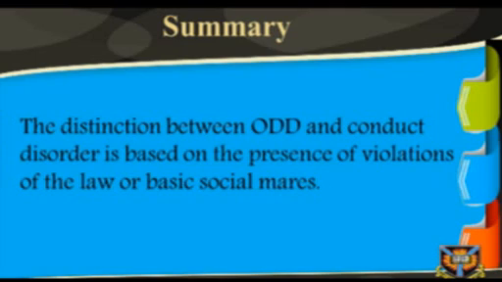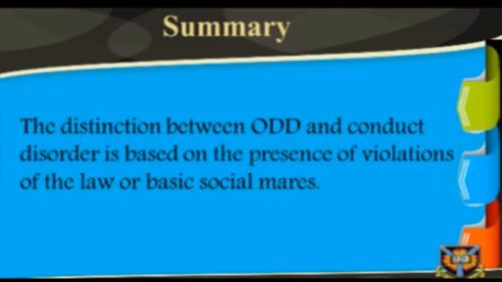The 3 subtypes of attention deficit hyperactivity disorder are: 1. Attention deficit hyperactivity disorder, combined type. 2. Attention deficit hyperactivity disorder, predominantly inattentive type. And 3. Attention deficit hyperactivity disorder, predominantly hyperactive-impulsive type. When they interact with peers, children with ADHD are sometimes awkward and disorganized.